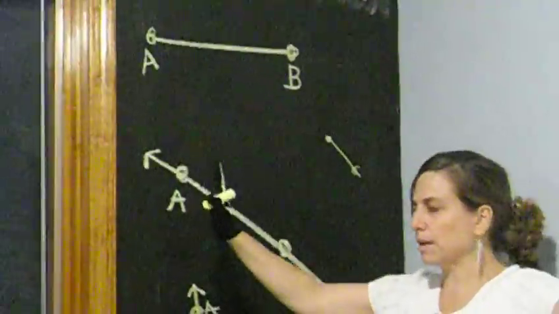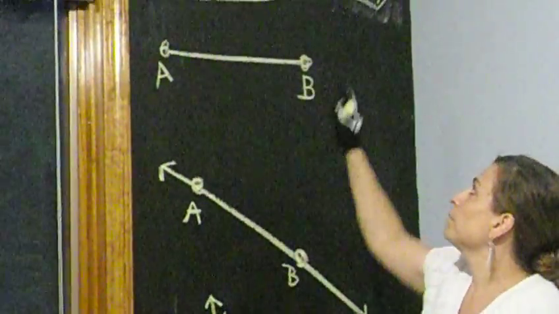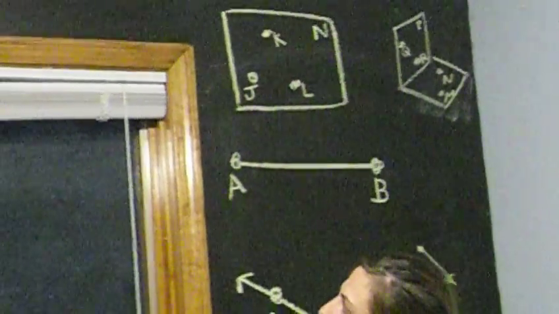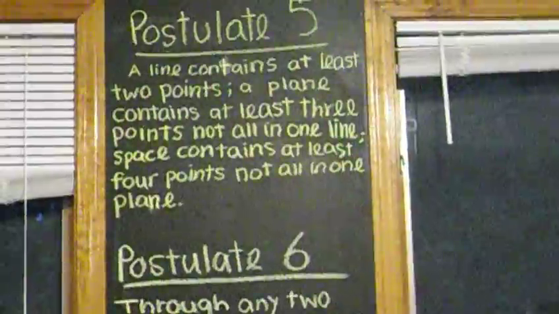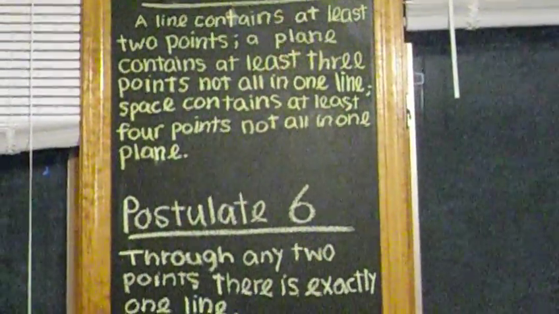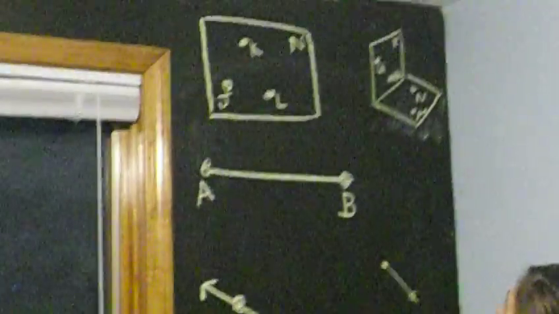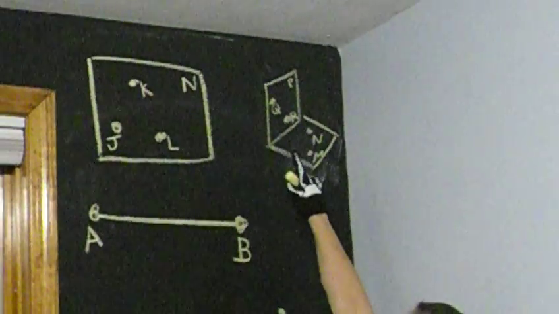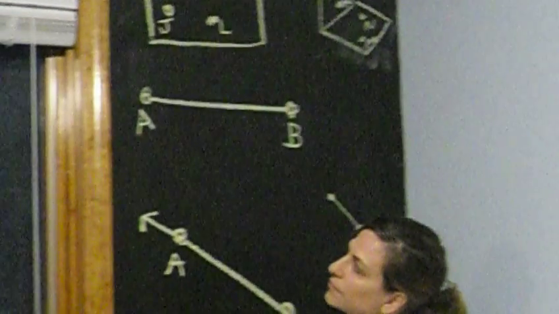We can't see the ends of it, but when we do draw the ends of it, there's at least 3 points in there. And the last one says space contains at least 4 points, not all in one plane. So here up here is 4 points of space, and space is in that plane, and in that plane we've got the 4 points in space.